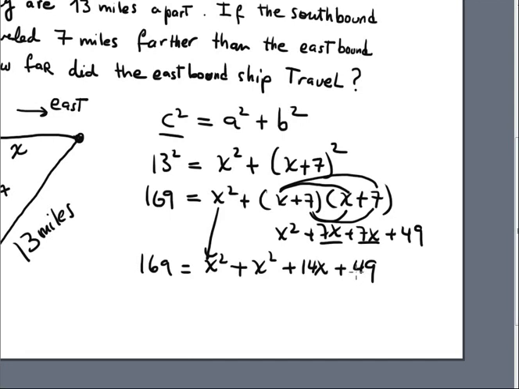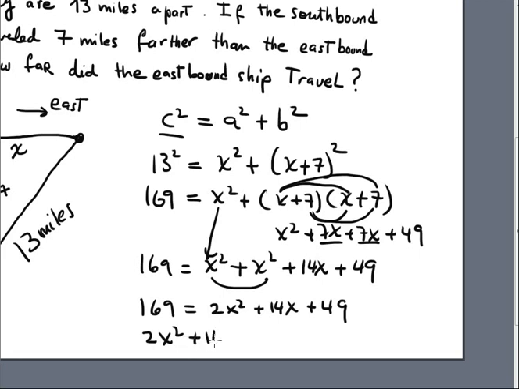Let me try to write the equation in standard form. Adding this and this, we get 2x squared. 169 is equal to 2x squared plus 14x plus 49. Now it's 2x squared plus 14x plus 49 minus 169 equal to 0.